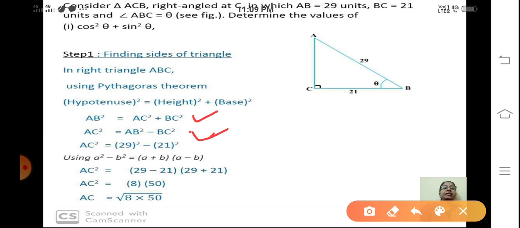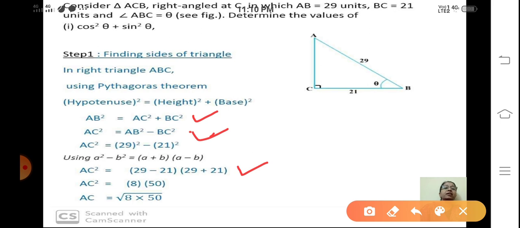Now apply the identity: A square minus B square is A plus B into A minus B. So according to that, you will get 29 minus 21, 29 plus 21. So AC square is equal to 29 minus 21 is 8, 29 plus 21 is 50.